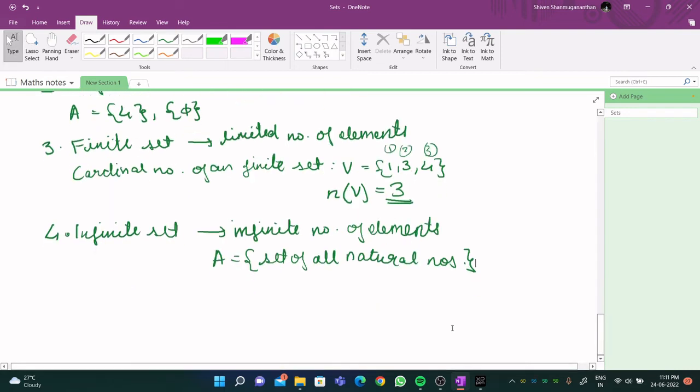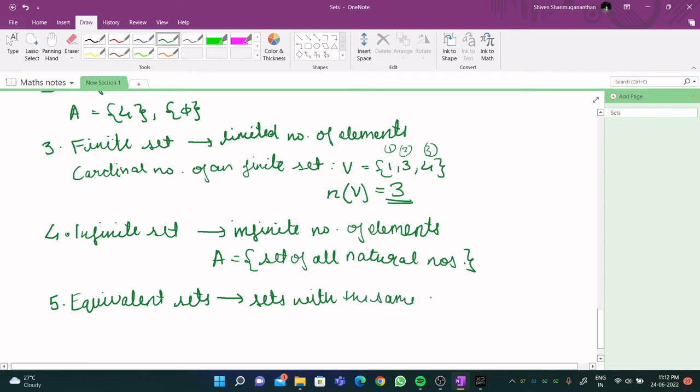Now the next is equivalent sets. Equivalent sets is a pretty easy concept to understand. Equivalent sets are basically sets with the same cardinal number.